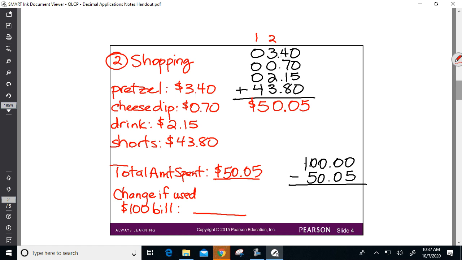You can't take 5 from 0, but you can't borrow off of a 0. So the 1 becomes a 0, and the first 0 becomes a 10. But that 10 has to become a 9, so that the other 0 can become a 10.